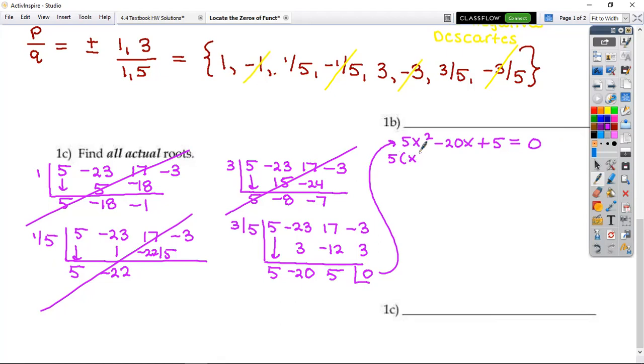I'm left with x squared minus 4x plus 1. And now it doesn't factor, so quadratic formula. So x is equal to 4 plus or minus the square root of negative 4 squared minus 4 times 1 times 1. All over 2.